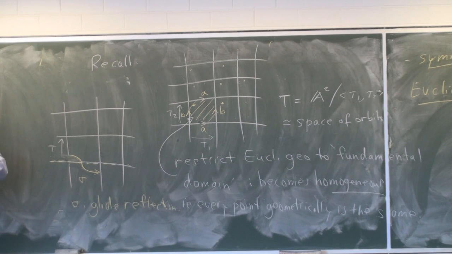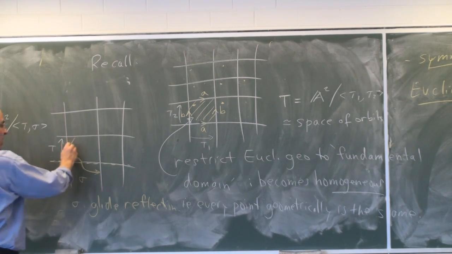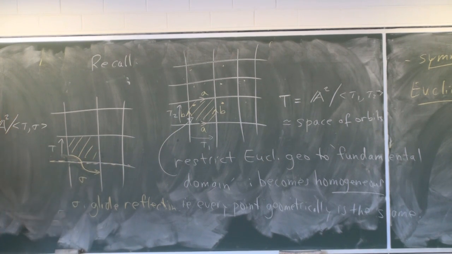And then the Klein bottle becomes the plane modded out by the group generated by these two different transformations. And a fundamental domain for it is still a square like that.